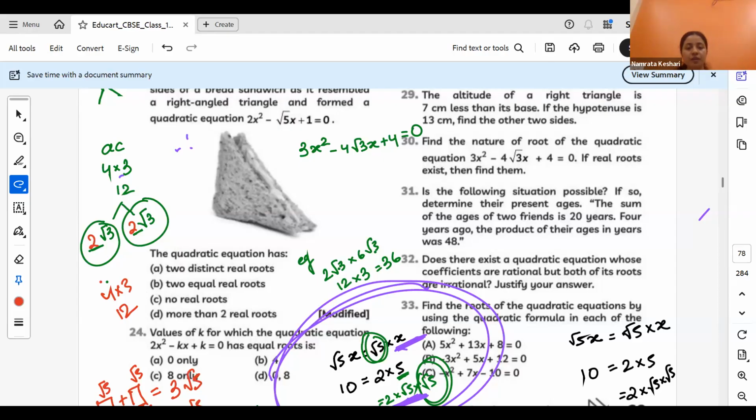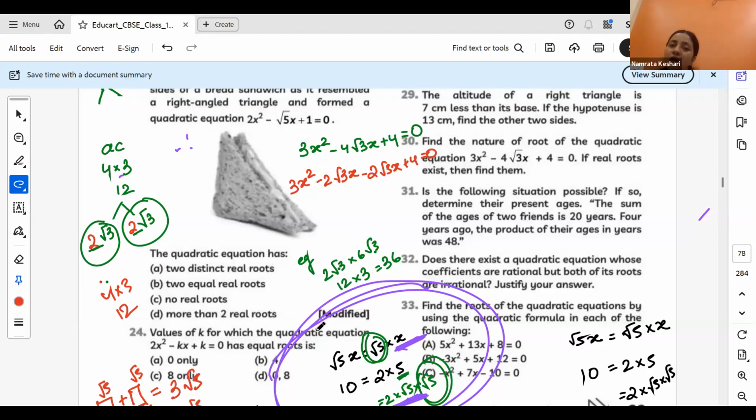Okay. So with 2√3, 2√3 we get 3x² - 2√3x - 2√3x + 4 = 0. Now the next step. This is one of the milestones we have crossed, and the next milestone is taking the common factor.